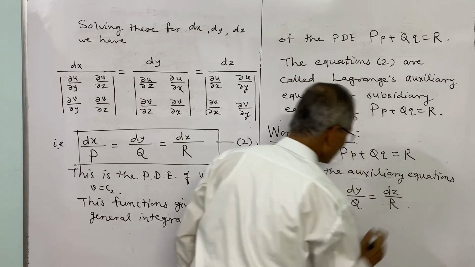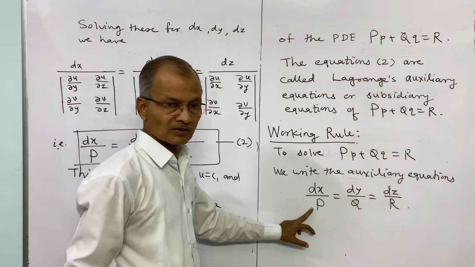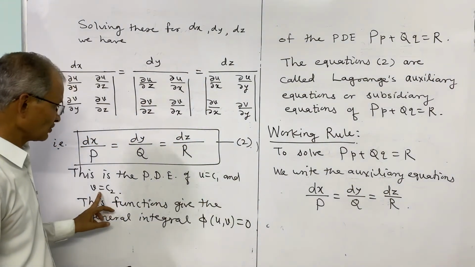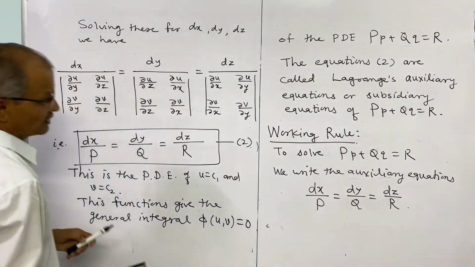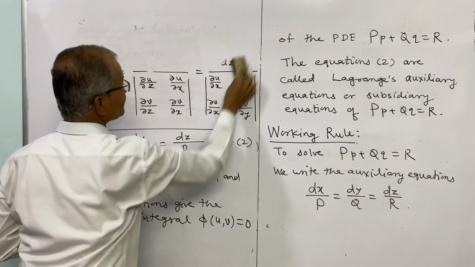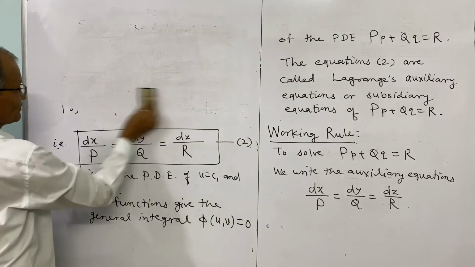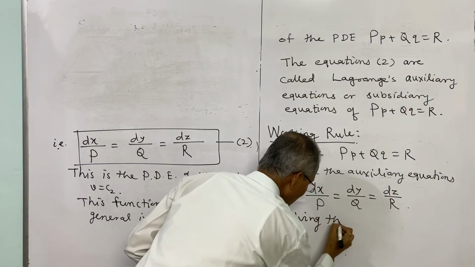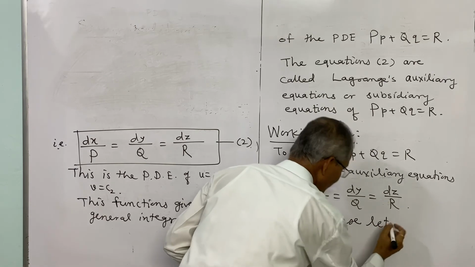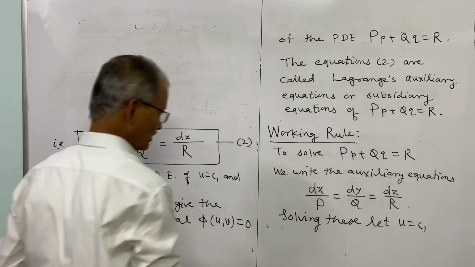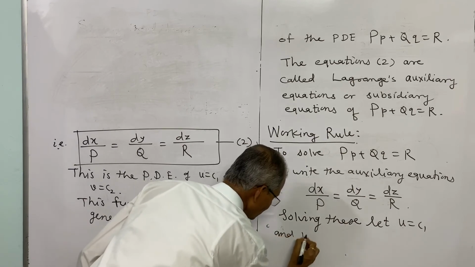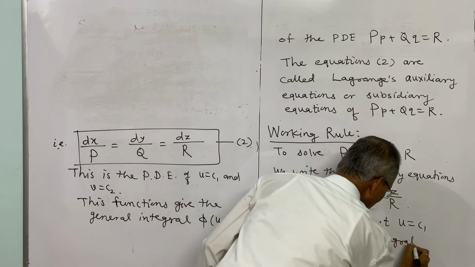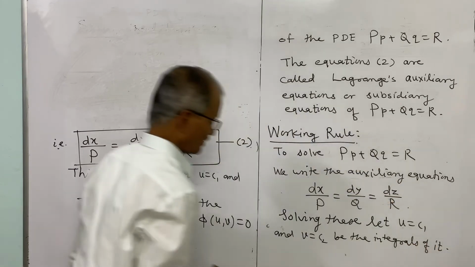And after writing these auxiliary equations, we solve these equations, and let u = c1 and v = c2 be the solution, the integrals of the auxiliary equations.